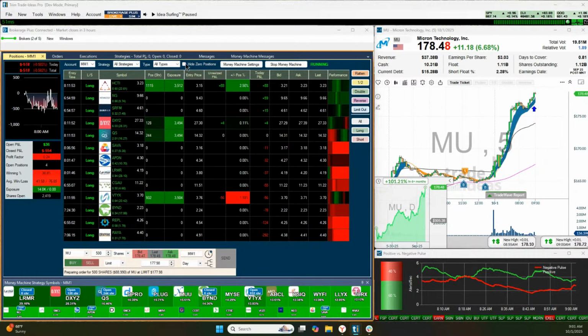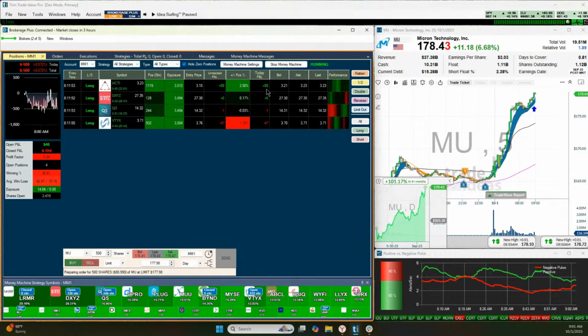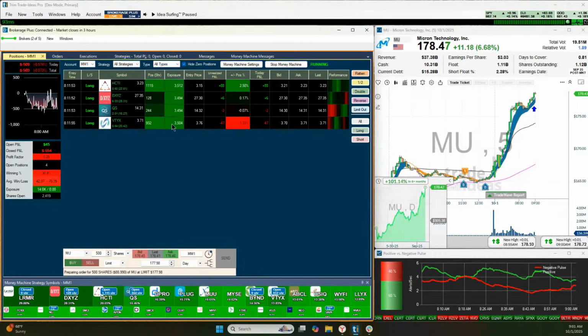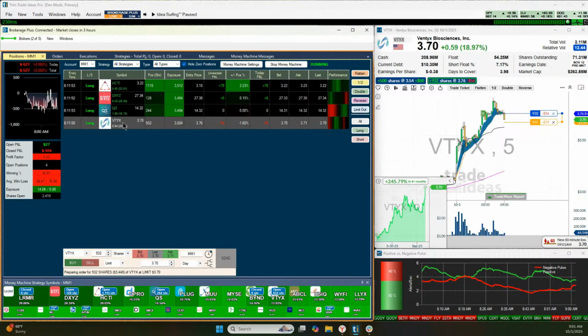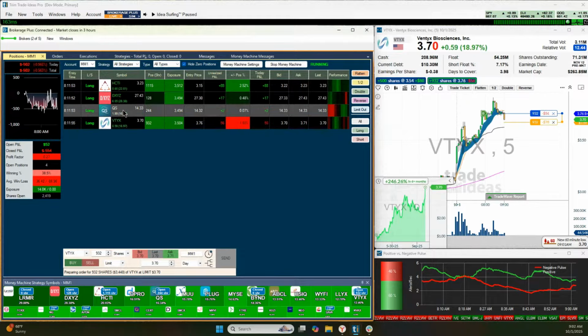Right now, I have 4 trades that are on, and this is what they look like. Let's take a look.